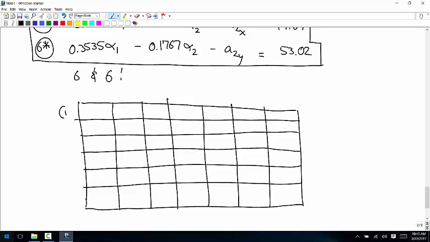Okay, so the rows are equations 1, 2, 3, 4, 5, 6. And variables, let's go f12x, f12y, and then a2x, a2y, and then alpha 1 and alpha 2, and then the constant.